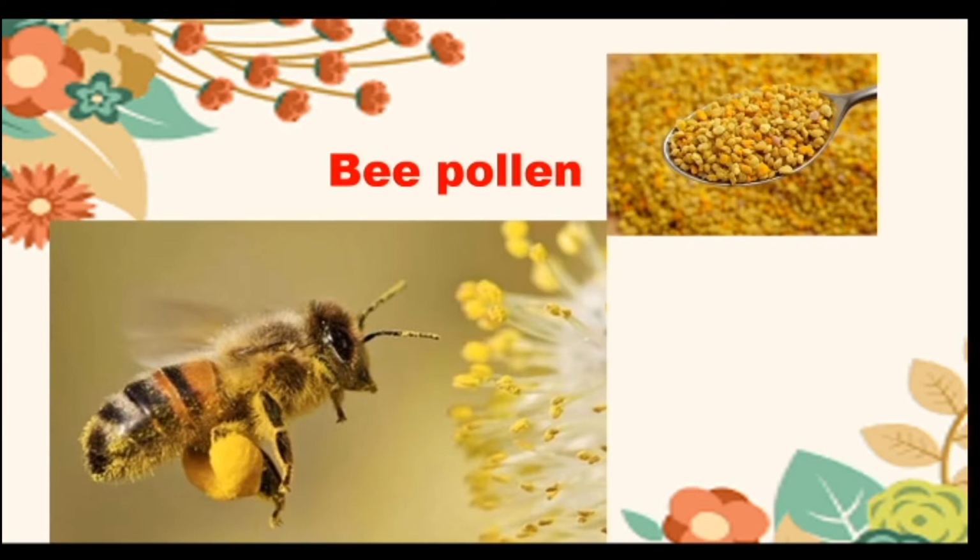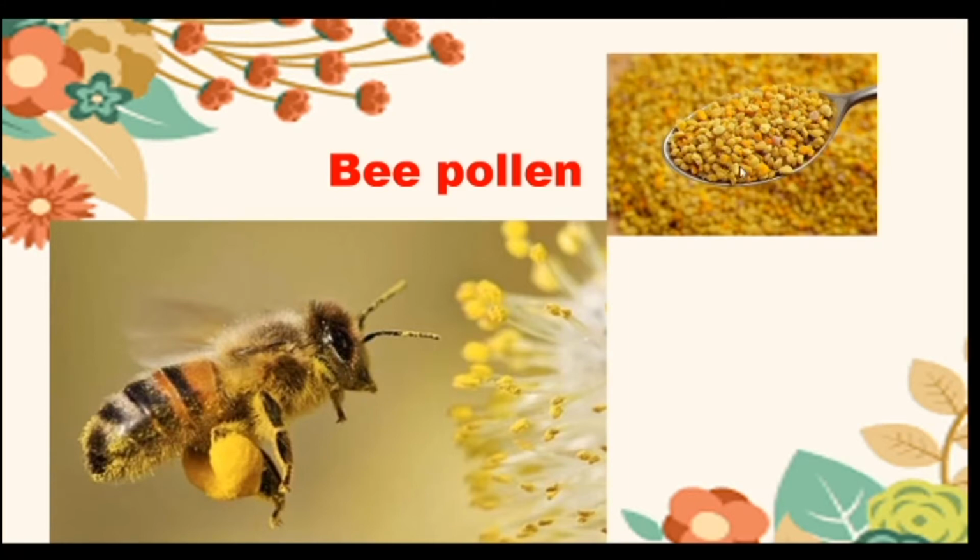Bee pollen. So look at this, this is the bee pollen. The honeybee collects pollen grains from several flowers, then it is deposited. So this is collected as bee pollen.